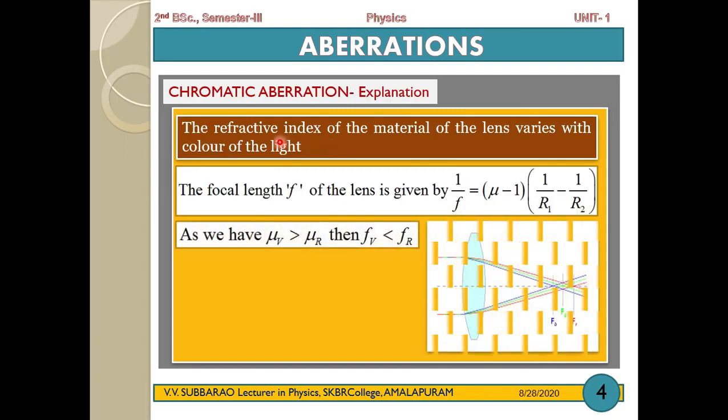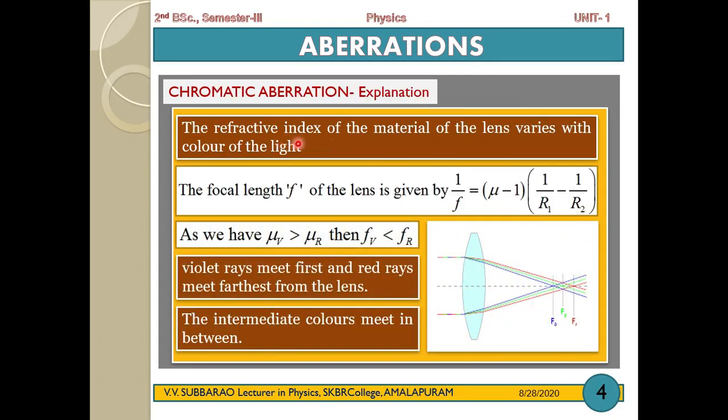The main reason for chromatic aberration is that the refractive index of the material of the lens varies with the color of the light. We all know the lens formula: 1 by f is equal to mu minus 1 into 1 by r1 minus 1 by r2. But the refractive index of the material of the lens is more for violet than for red. That means the material of the lens shows more refractive index for violet and less refractive index for red.